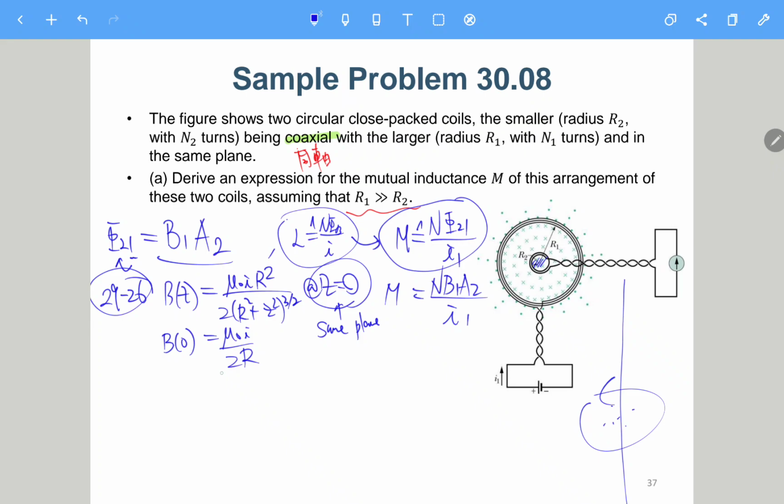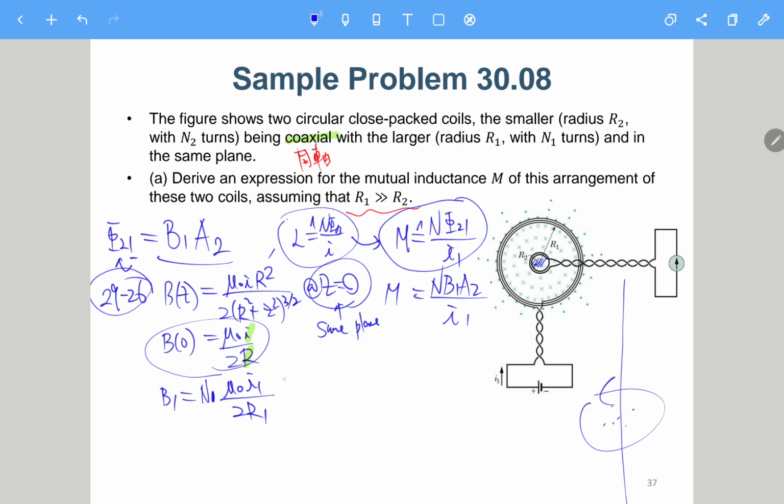Here we change the variable, so B1 is mu 0 I1 over 2 R1, rather than I and R. So we have I1 and R1, and don't forget we have N1 turns here, so we need to multiply by N1 because altogether we have N1 turns.